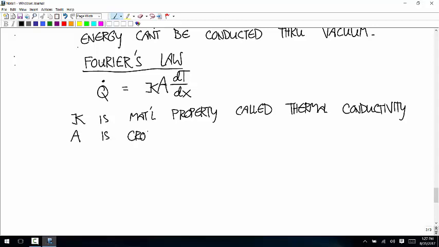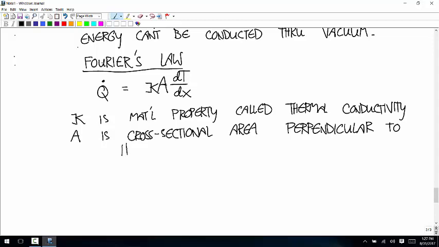A is a cross-sectional area perpendicular to the flow of energy, to the heat flow.